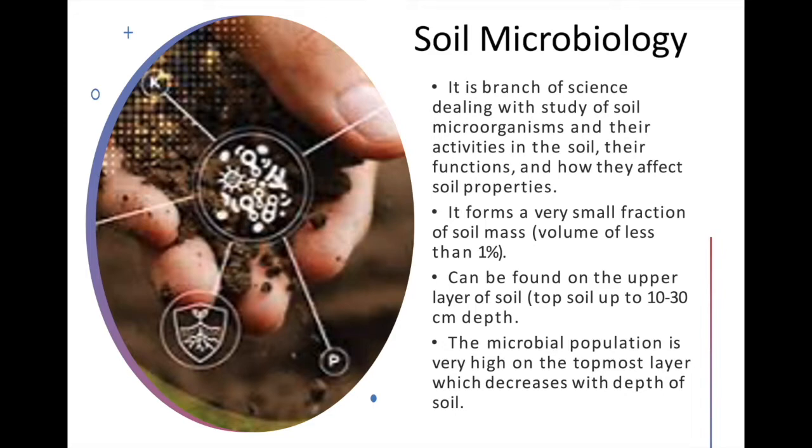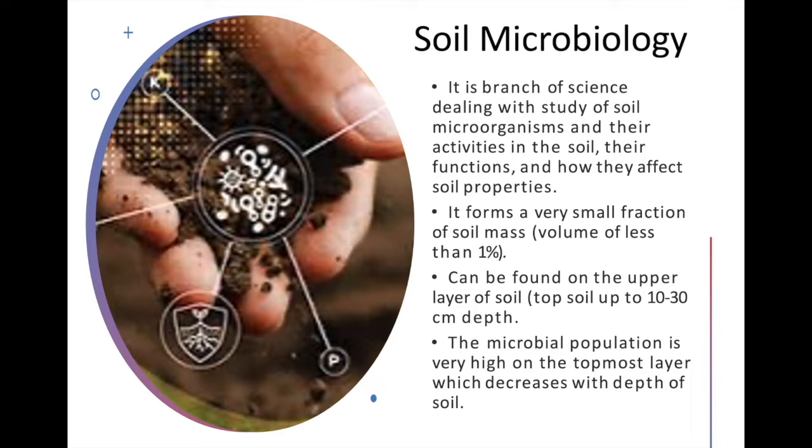Yes, that is just 1%, because just like I mentioned to you earlier, these microorganisms are really, really small. They are microscopic to the point that it's really difficult for us to weigh their biomass, and can be found on the upper layer of soil, which is the topsoil, or the organic topsoil, organic material topsoil.